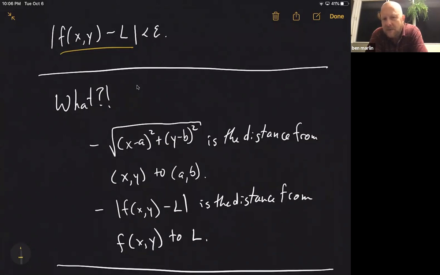And when we say the absolute value of f(x,y) minus L, we just have two numbers and we're looking at the distance between them. So if the distance from (x,y) to (a,b) is small, then the distance from f(x,y) to L is small. That's really all limits are saying, both in Calc 1 and Calc 3.